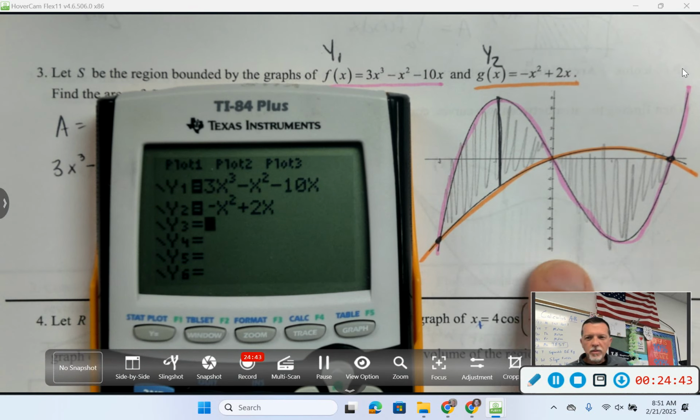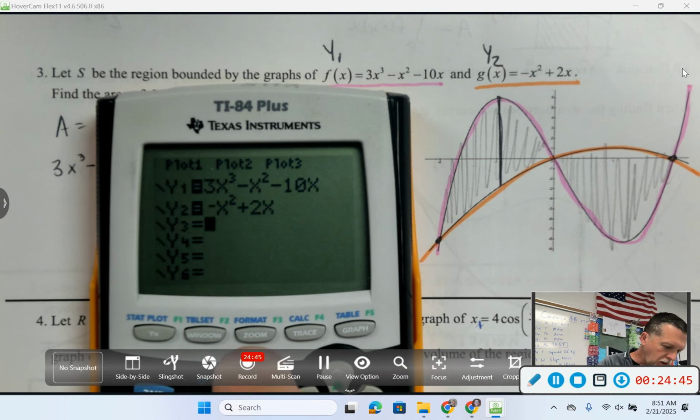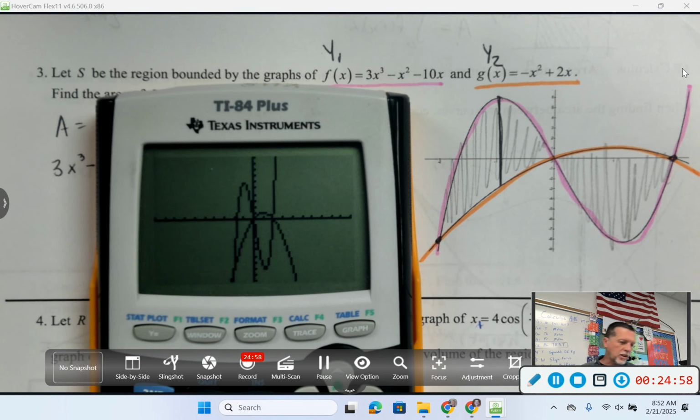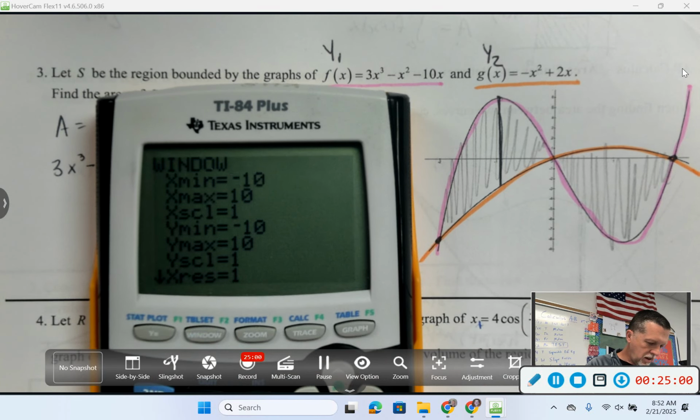Windows are sometimes tricky, but if you've got a picture, I guess just go with the standard window, see if that works. Yeah, good enough. I suppose if I wanted to make it look like my picture, I could maybe not go so far in the x direction.